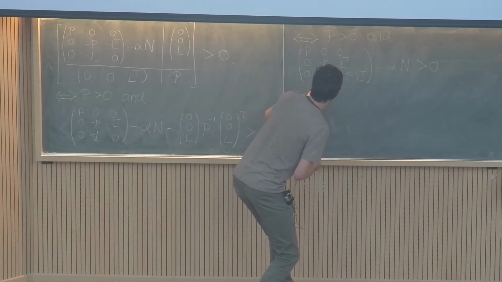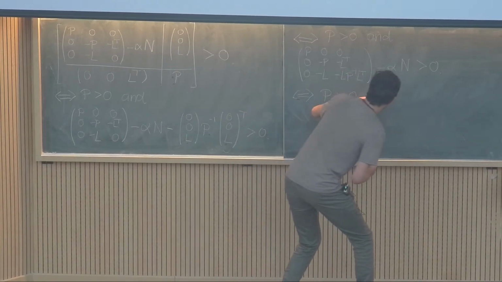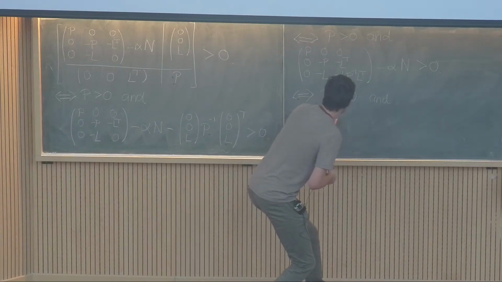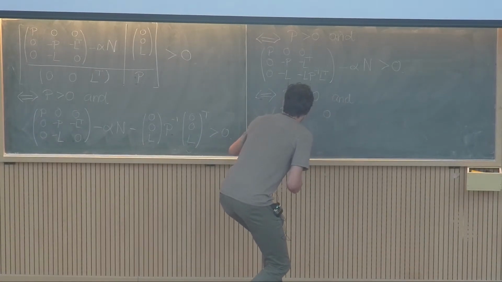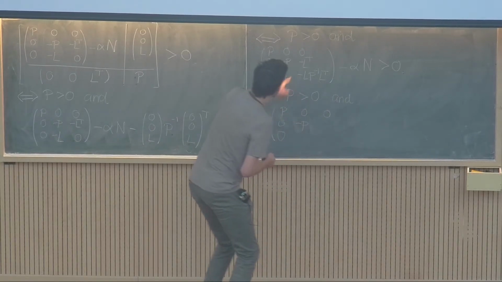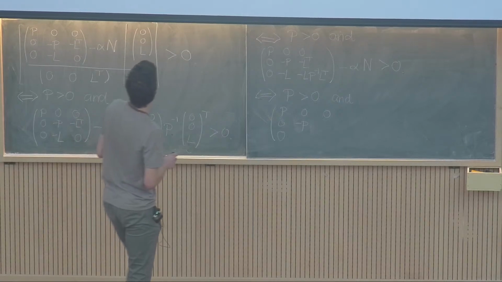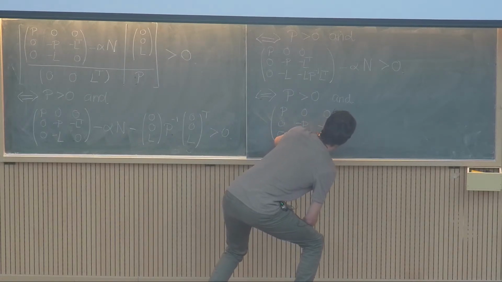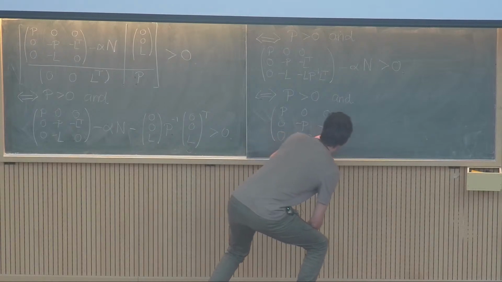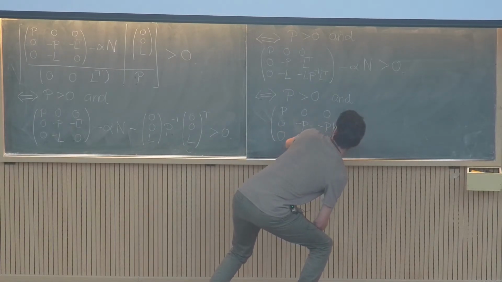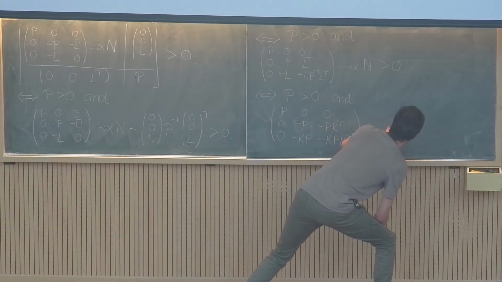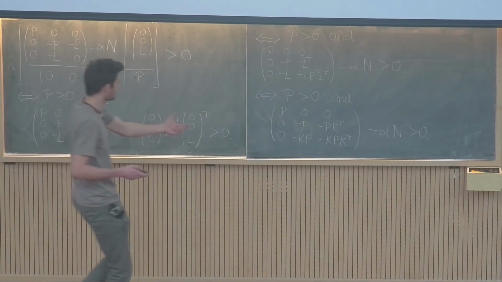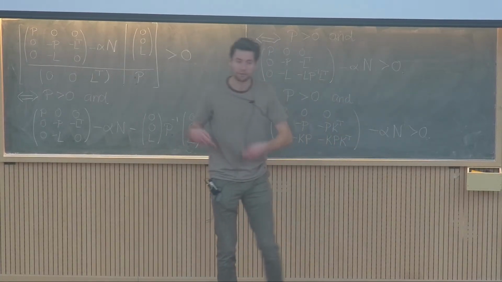So this becomes if and only if both P is positive definite, and by changing these variables now, I have P, 0, 0, 0, 0, minus P. Well, minus L becomes minus K P, minus P K transpose, and then finally in the lower right corner I have minus K P K transpose. Minus alpha N is positive definite. And you see that this is precisely M minus alpha N is positive definite.